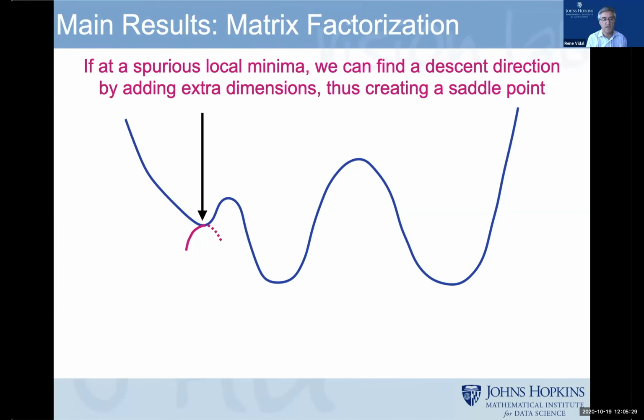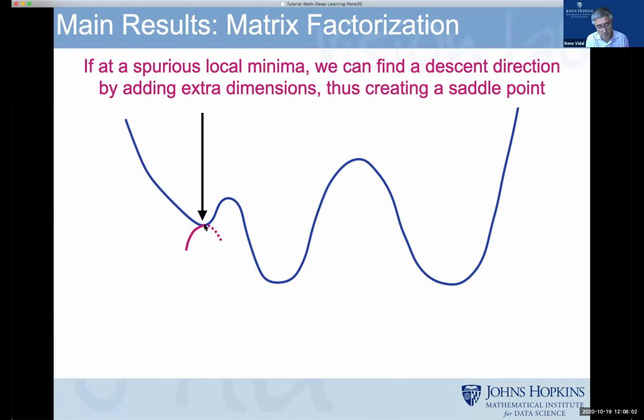In pictures, this is more or less what's happening. The blue curve, again, is the non-convex objective. And let's say that you are at a particular local minimum. You run your gradient descent algorithm on that non-convex problem, and you're there. This idea of adding an extra neuron or adding an extra factor or adding an extra subnetwork is equivalent from an optimization perspective to saying, well, I have another dimension, another variable.